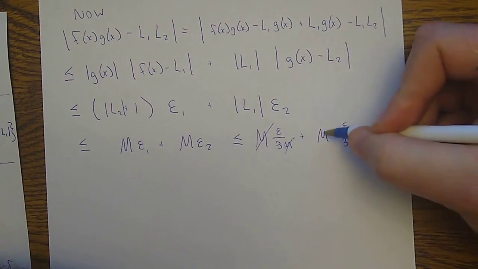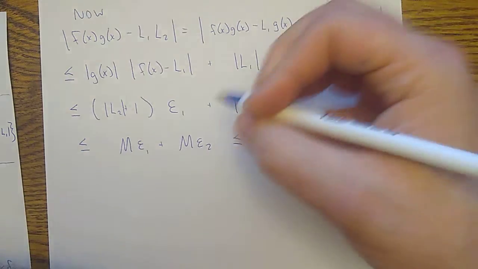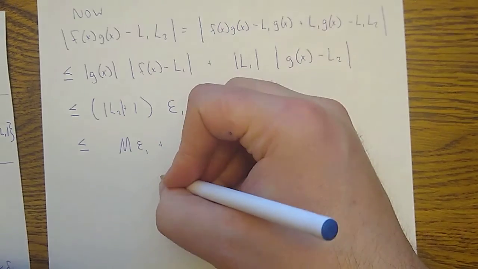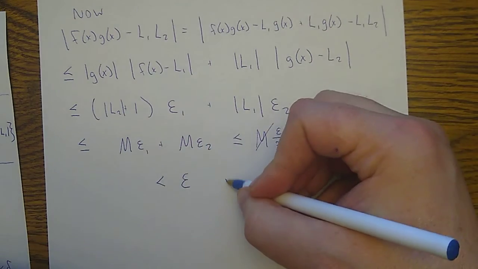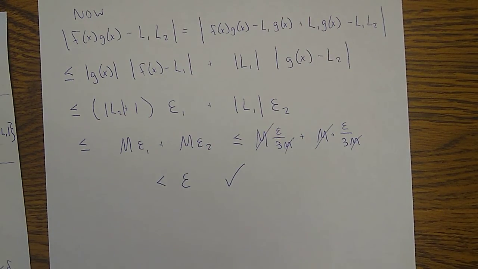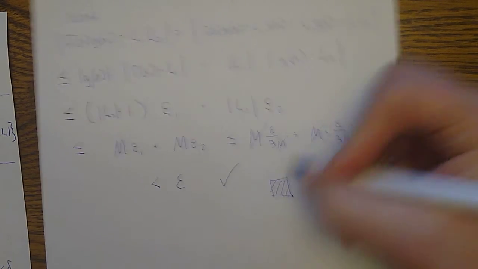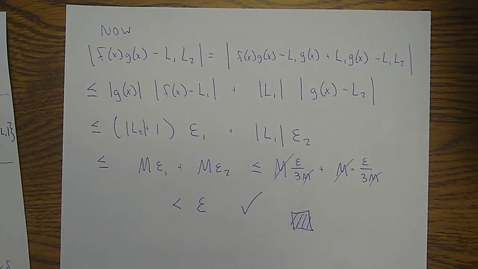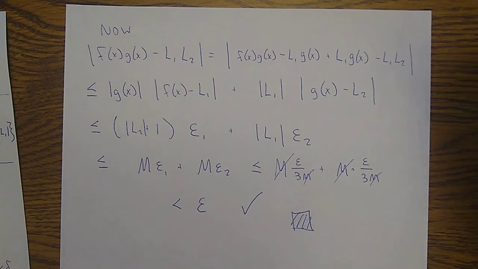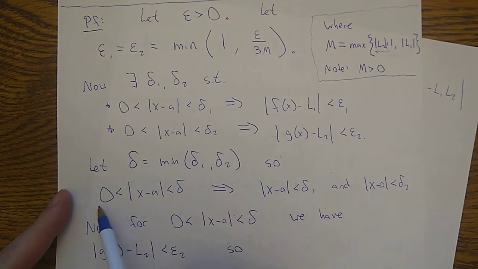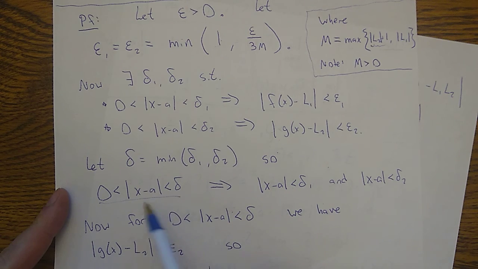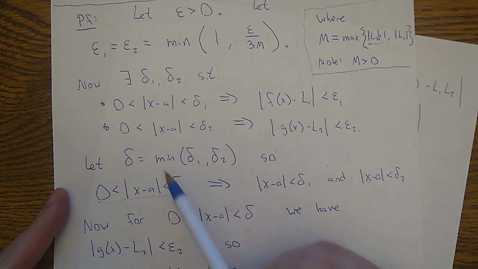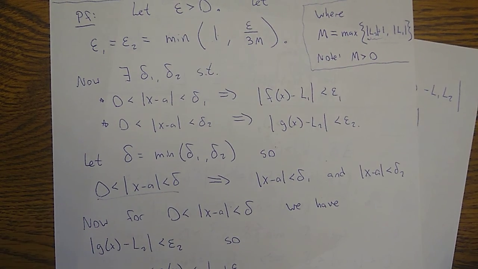The M's cancel. I get epsilon over 3 plus epsilon over 3, which is 2/3 epsilon, which is strictly smaller than epsilon. So we got it. This is less than epsilon, at least under the assumption that x is close enough to a, within delta, where delta is the min of these two. Okay, so we got it.